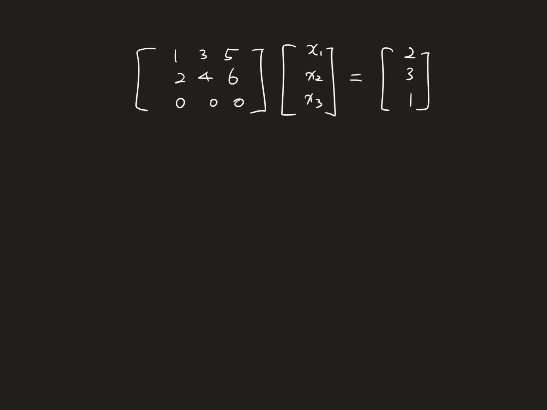So, in this example, when you see this equation, you need to find x1, x2, and x3. But you can immediately notice that there is no solution because we have three column vectors. But as you know, the column vectors are kind of raw material. We have raw material, and then we are generating a vector.